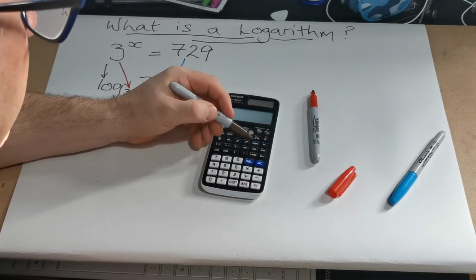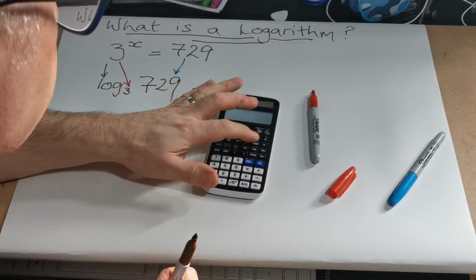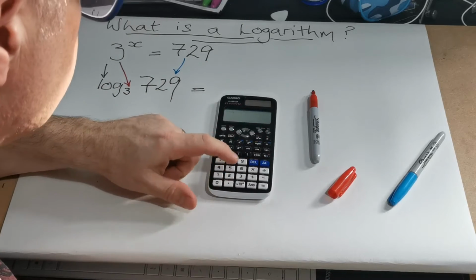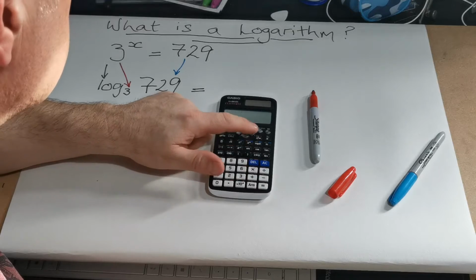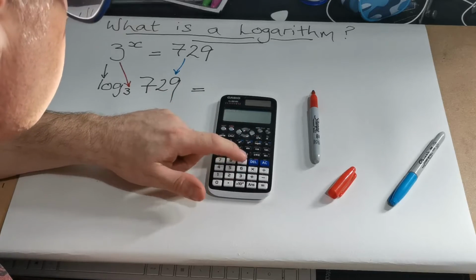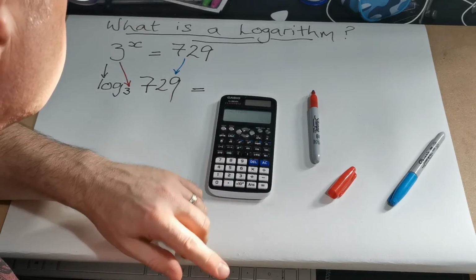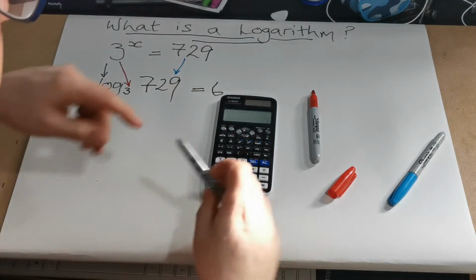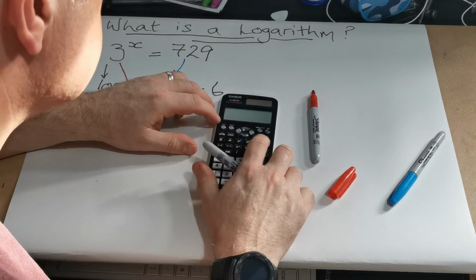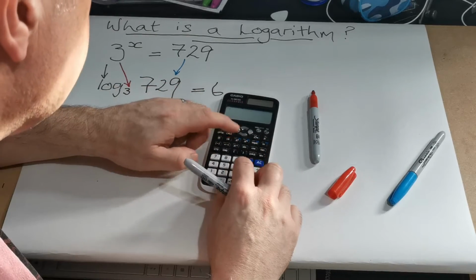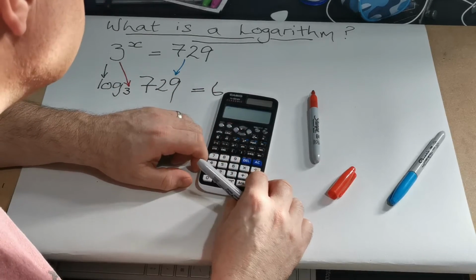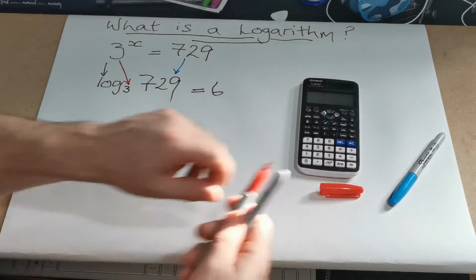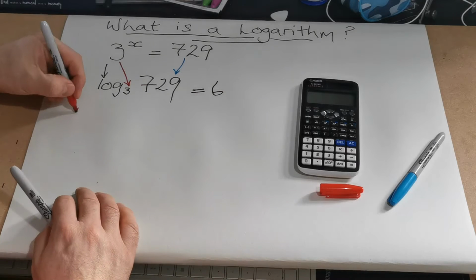So I'm going to use this button here on my calculator. I'll press that first, log to the base 3 of 729 equals, and the answer is 6. And you can check using your normal power button that 3 to the power of 6 is equal to 729. So what a logarithm is, is a way of finding out the power.